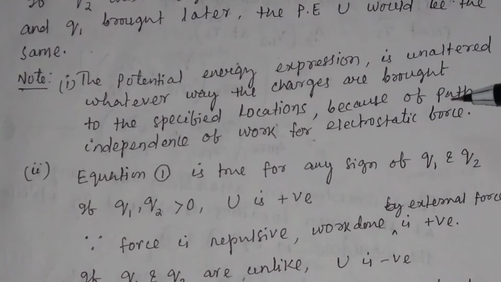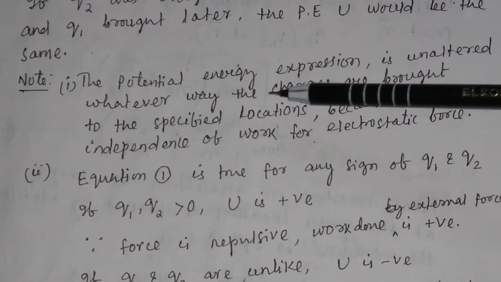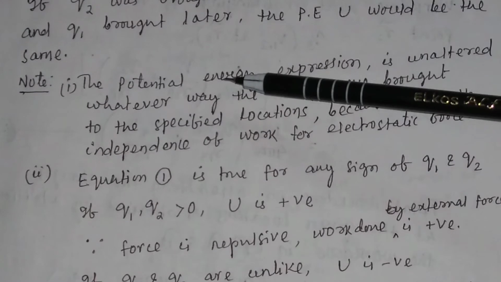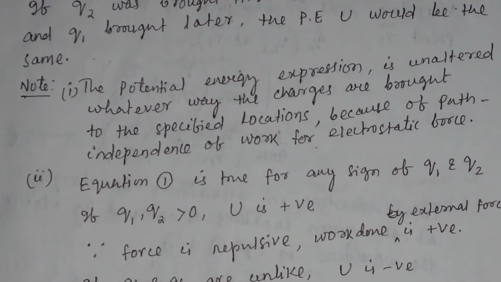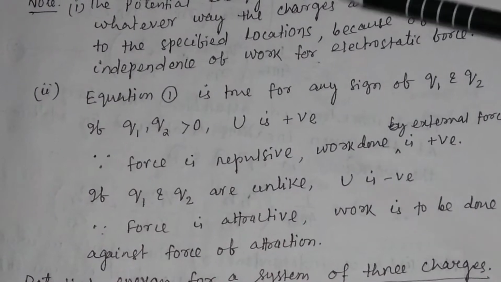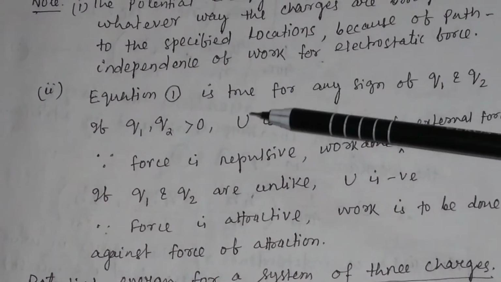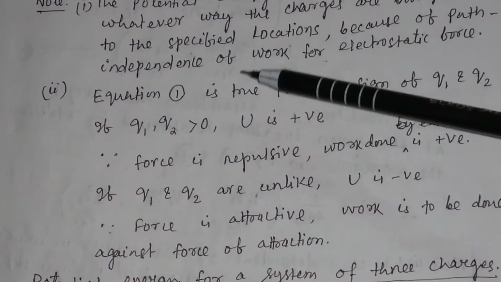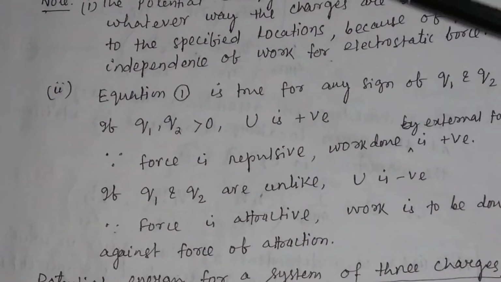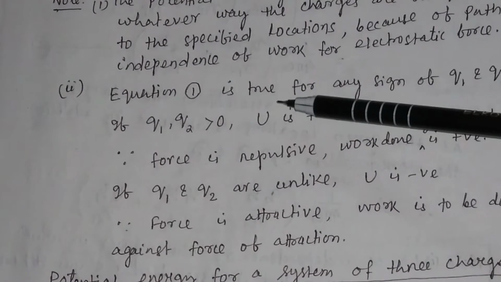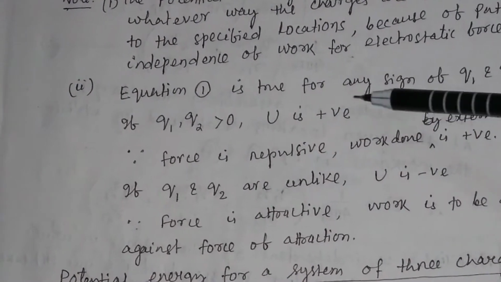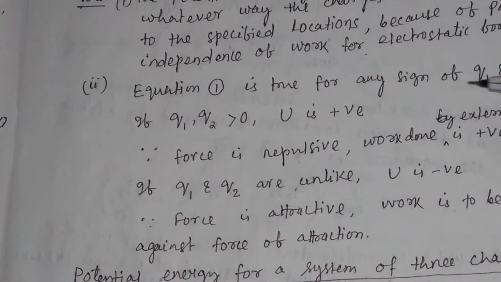That is why you bring the charge q1 first then q2, or q2 first then q1, it doesn't matter. Then the second point is, in the expression for potential energy, that is U is equal to 1 by 4 pi epsilon 0 q1 q2 by r12, equation 1 is true for any sign of q1 and q2.